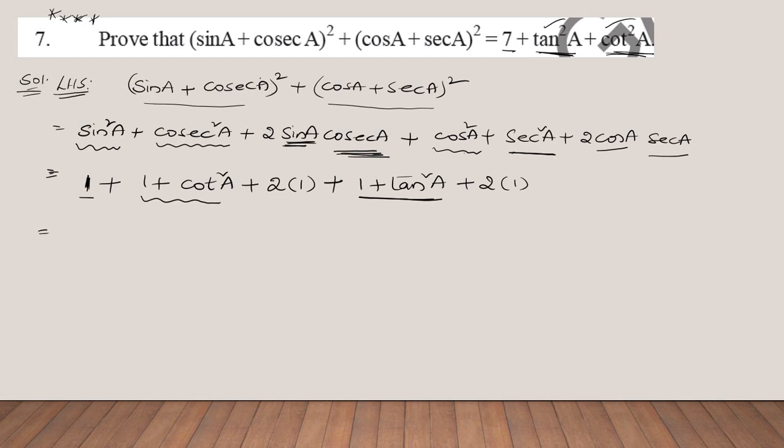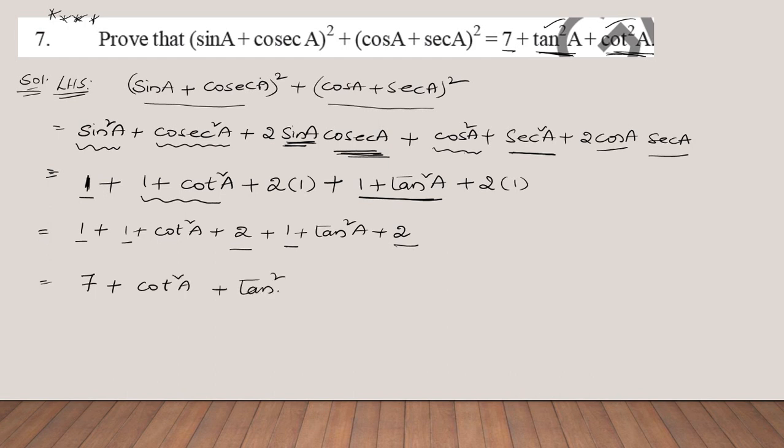Now 1 plus cot square A plus 2 ones are 2, plus 1 plus tan square A plus 2 ones are 2. Now on adding the values, 1 plus 1 is 2, 2 plus 2 is 4, 5, 5 plus 2 is 7. So this total is 7 plus cot square A plus tan square A.